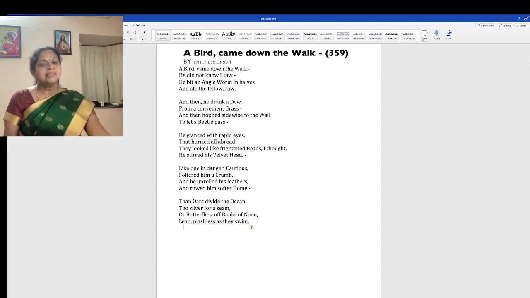So the bird that Emily Dickinson talks about is not just a predator, but it is also a prey. There is a kind of uneasiness that is prevalent throughout the poem. At the beginning, there is an uneasiness in us watching the bird preying upon the worm. Later on, the bird experiences uneasiness when it senses a lurking danger. So there is a sense of uneasiness all through the poem.